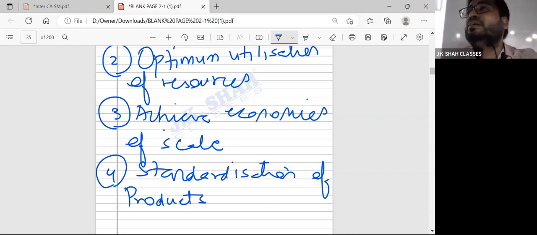You know why? Because he needs to understand his market. Who is his market? Customers who want a standardized product. A standardized product means giving those products which are necessary for the customers. Bajaj makes affordable bikes. They don't make sports bikes.